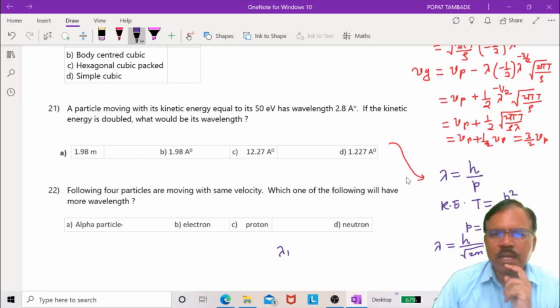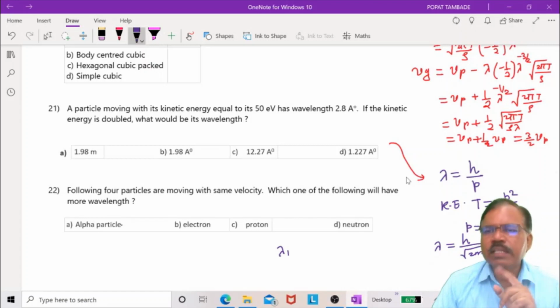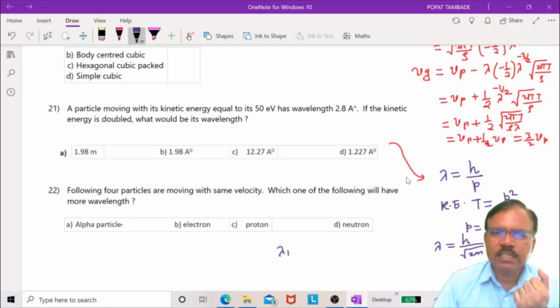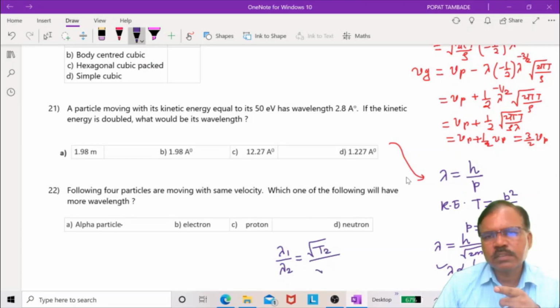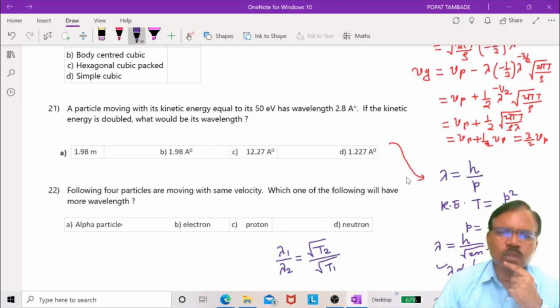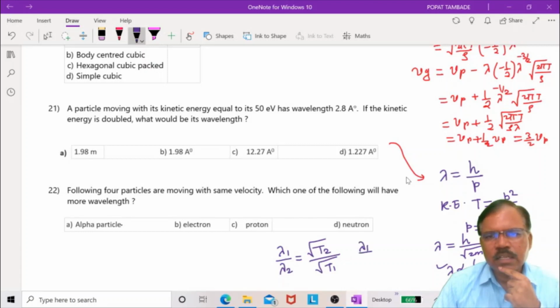So I can write lambda 1, that is wavelength corresponding to kinetic energy T1, and lambda 2 corresponding to kinetic energy T2. Lambda is inversely proportional to 1 upon root of kinetic energy. So if we take this equation here, you will get lambda 1 upon lambda 2 is equal to root of T2 upon T1.